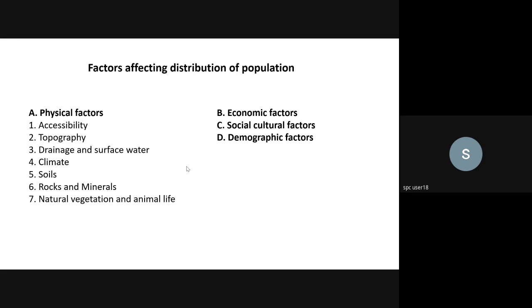Demographic factors, I would say, would primarily include natural increase. That's to do with the birth rate as such. And you'll see that birth rates around the globe are so very different.